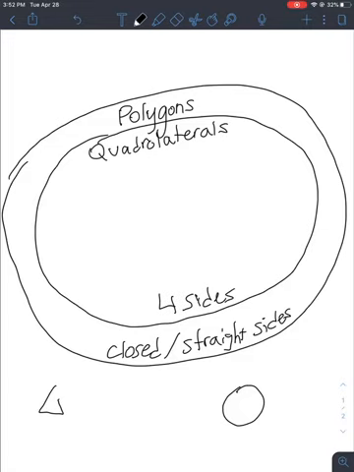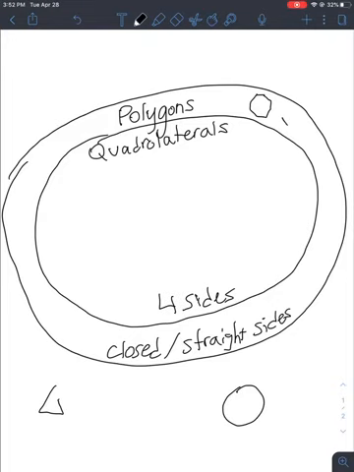So polygons are octagons, which you might recognize, stop signs are octagons, do not have 4 sides, but they are closed shapes and they have straight sides.